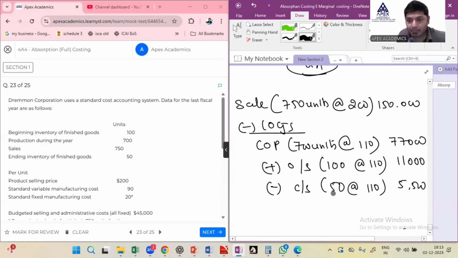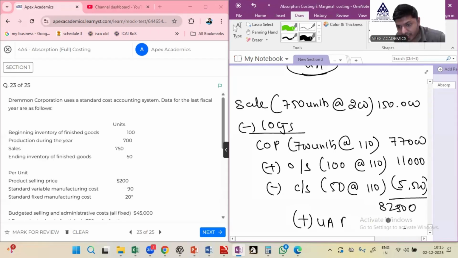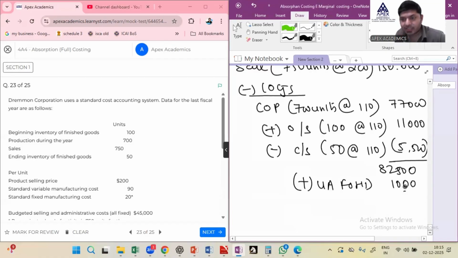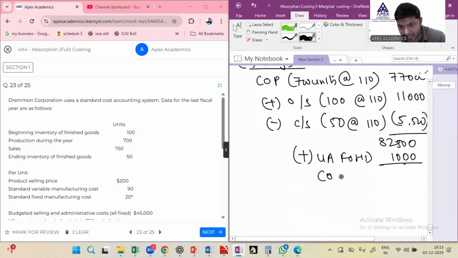And please remember, my COGS is not yet complete because it is 77,000 plus 11 minus 5.5. This does come to 82,500, but to this I will add under absorbed fixed overheads, and my under absorbed fixed overheads are 1,000. This makes my cost of goods sold 83,500 as point B.